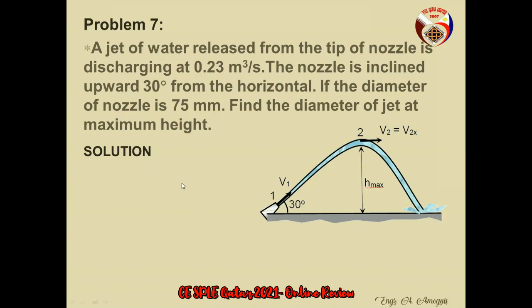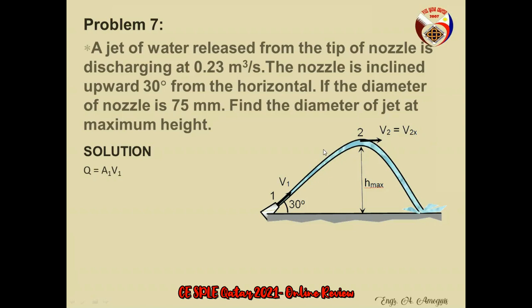Okay? Ang solusyon ay Q equals area times velocity. Yung Q2 equals Q1. Ang kailangan ko lang i-solve ay yung V2. Since maximum height, yung V2 equals V2x.